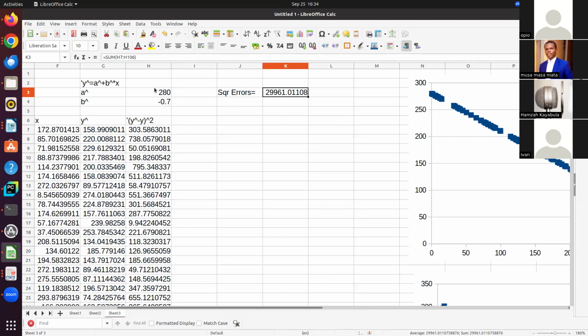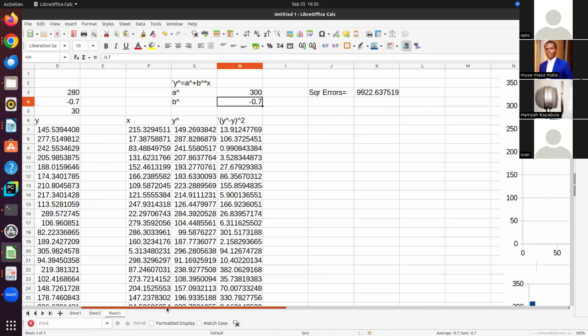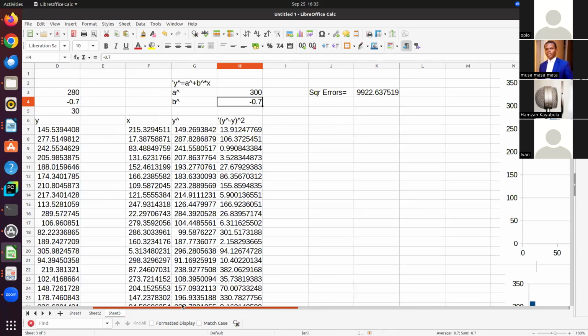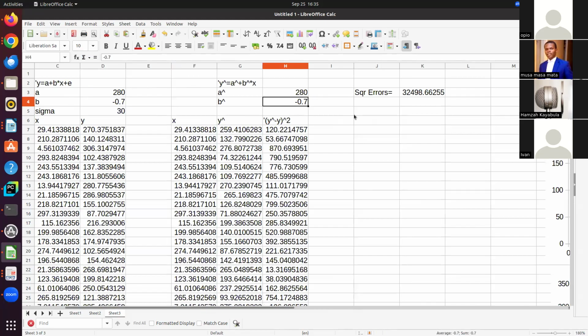If you make that one 300, it will be a higher number, okay? Let me see here. Am I having something wrong here? Am I making a mistake somewhere? I don't think so. No, I'm okay. So eventually, I'm trying to get a number. So this one will be the lowest, and that will be my estimate.